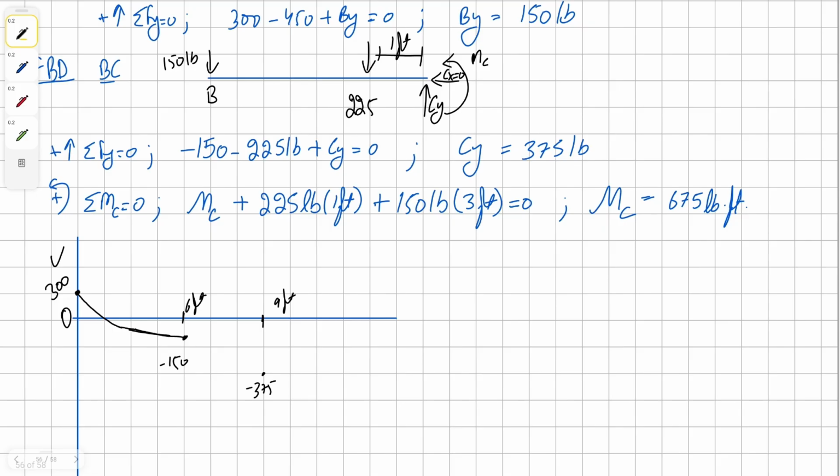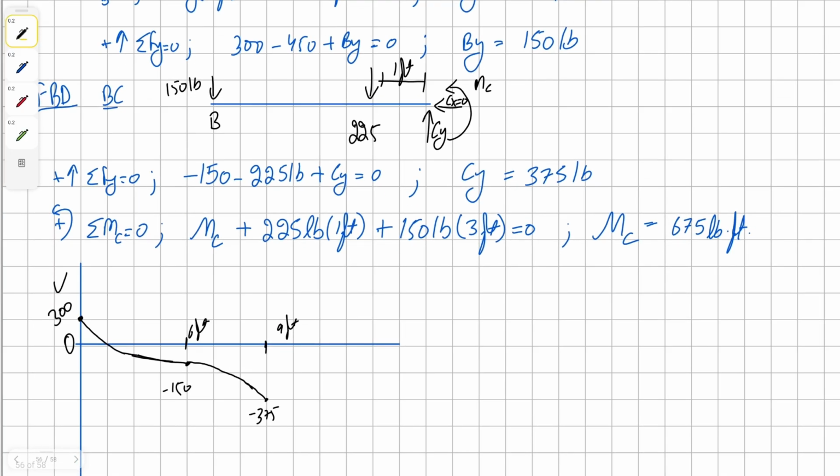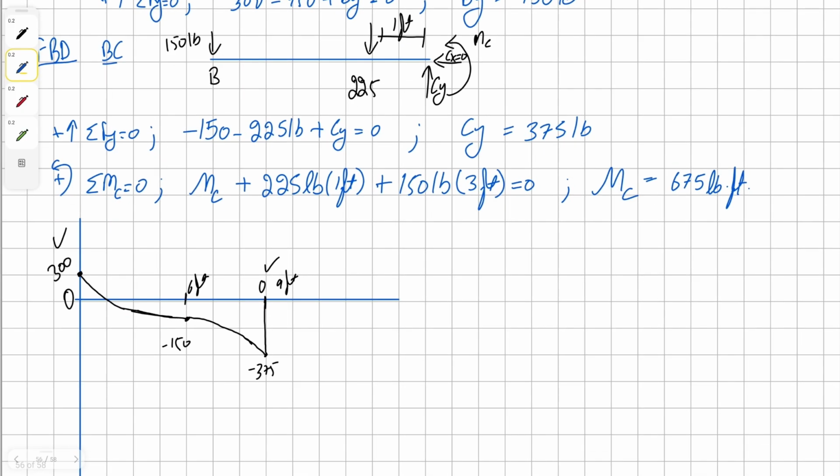And this is also a second order curve, but this time it's going to concave downwards. And here at the 375 mark, Cy is going to lift us up to 0, confirming our calculations for load and forces were correct, and also our graph is correct.